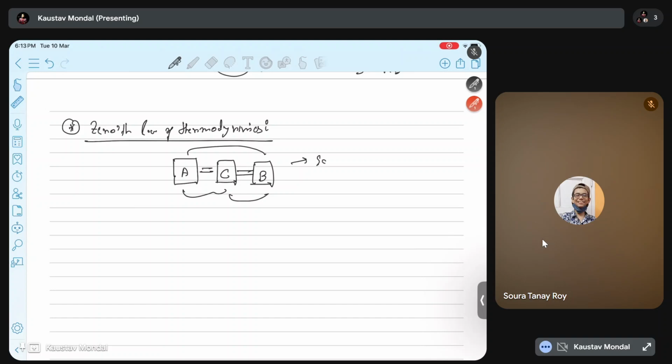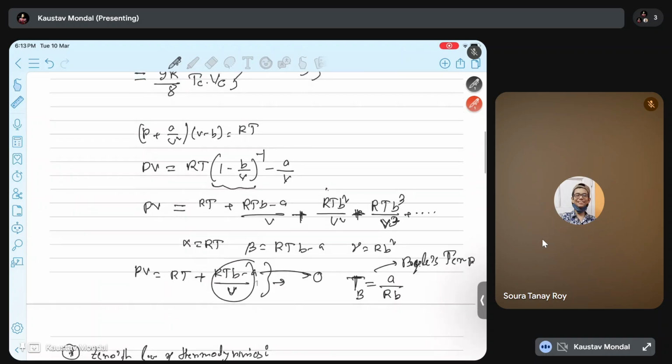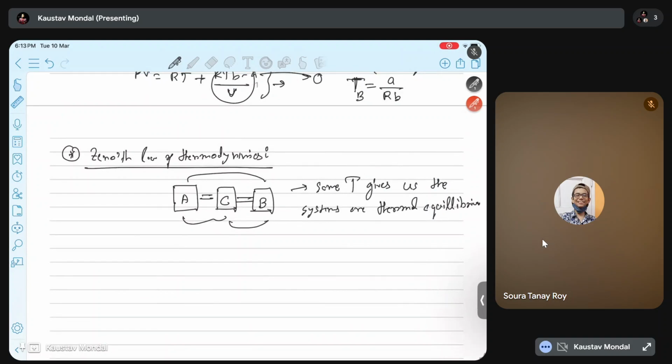So the same temperature basically gives us systems in thermal equilibrium. So this concept of temperature basically comes from the concept of thermal equilibrium.